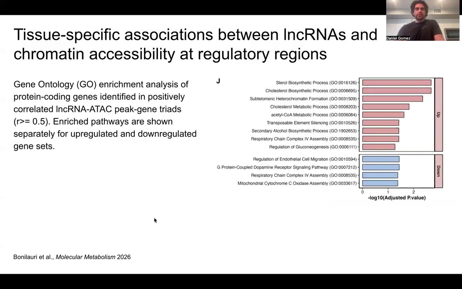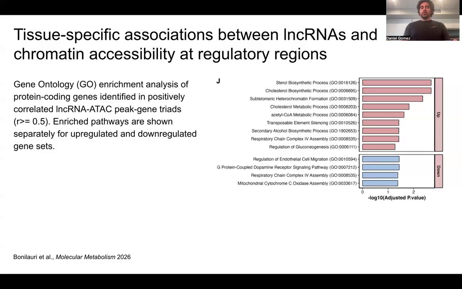And then the gene ontology enrichment analysis of protein coding genes identified in positively correlated lincRNA, ATAC peak, gene triads. And we have sterol biosynthesis, cholesterol biosynthesis, subtelomeric heterochromatin formation, and regulation of endothelial.